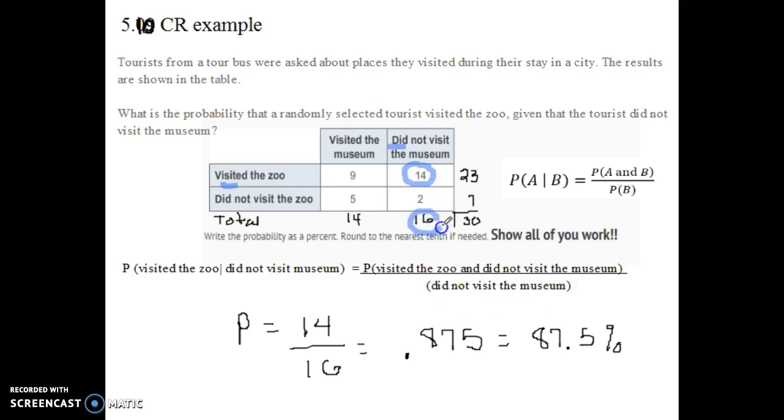So that total is right here. So when we divide 14 by 16, we get 0.875. They said give it as a percent to the nearest tenth. So when you do that, you're going to move your decimal 2 places to the right, and then it's already 1 decimal, so 87.5% is the percentage.